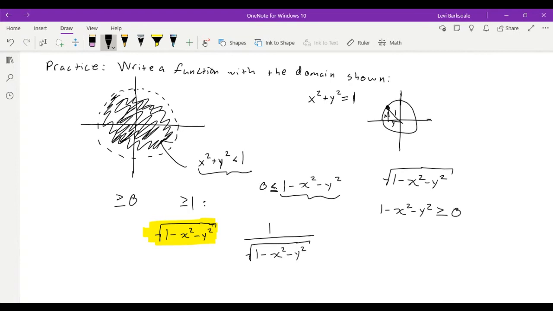If we rewrote this inequality right here, that would give us 1 is bigger than or equal to x squared plus y squared. In order to get rid of this or equal to portion, we're basically trying to introduce division here to say this bottom term cannot be equal to 0, because that's where our equality comes in.